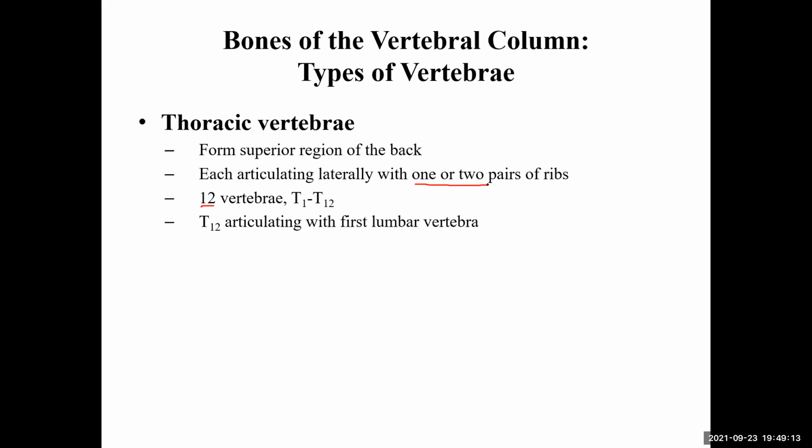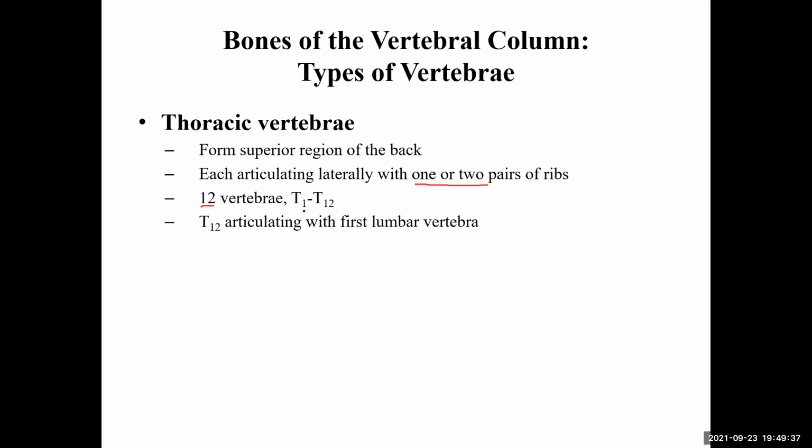Basically each vertebra will at least articulate with 1 pair, and some vertebrae will articulate with 2 pairs. The thoracic vertebrae are the only vertebrae that articulate with ribs. No other division articulates with ribs.